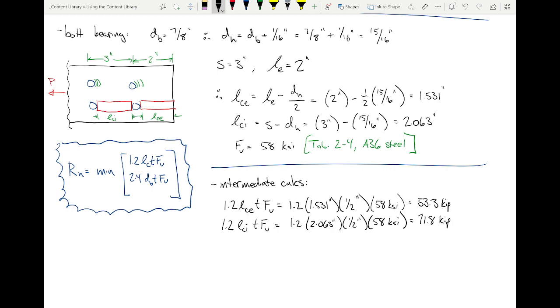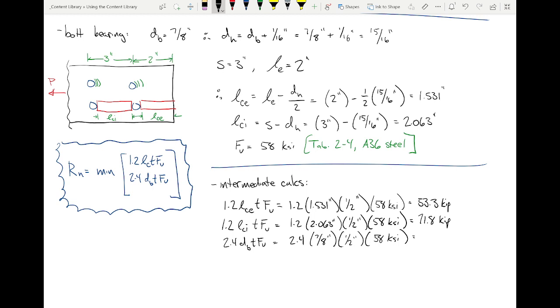Okay, and then lastly, this one. So remember, these two are very mechanics based.